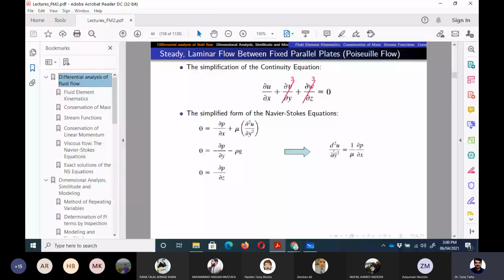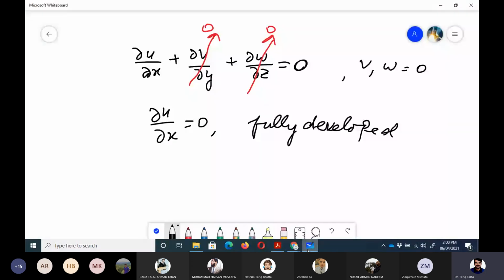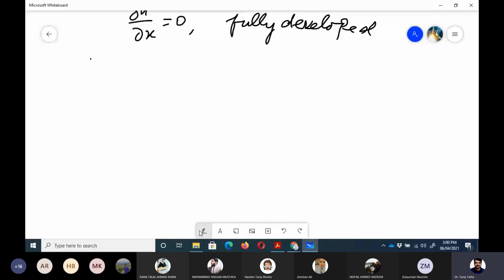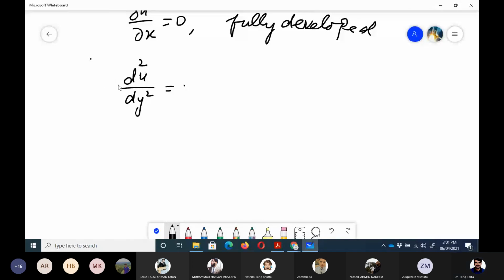So d square u upon dy square is equal to 1 upon mu partial p by partial x. So in this case, if I write here, first of all, let's see. Here we have got d square u upon dy square is equal to 1 upon mu dp upon dx.